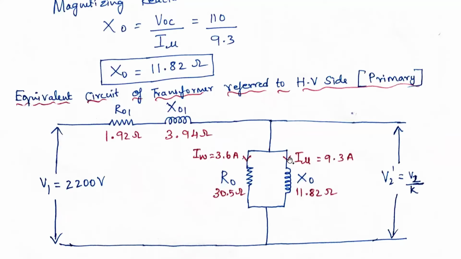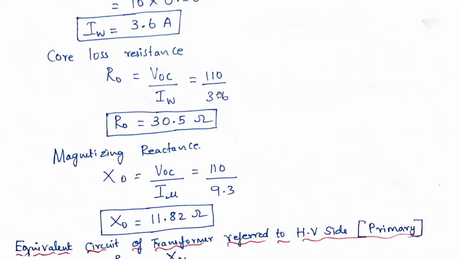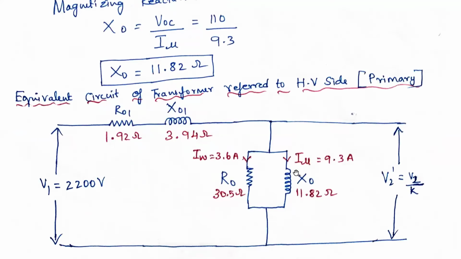Next, this is the magnetizing reactance. The current flowing through the magnetizing reactance is I mu or Im, which is 9.3 amperes, as we calculated. Now on this side is V2 dash, because everything is referred to the primary. So this is the equivalent circuit of the transformer referred to the HV side, that means the primary side.